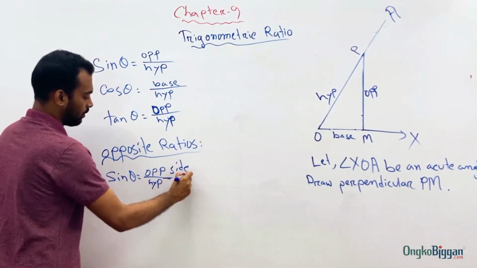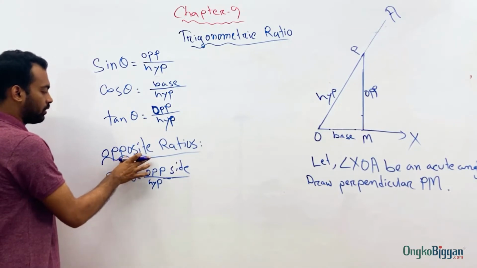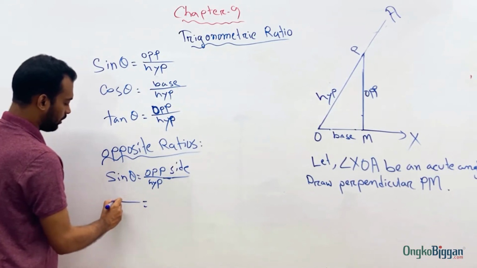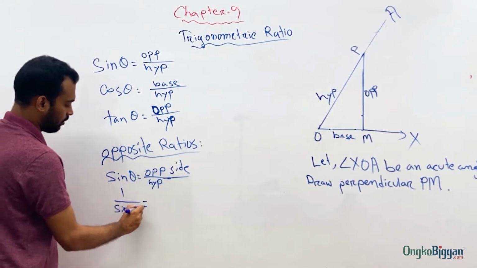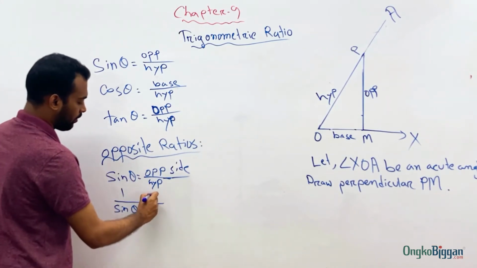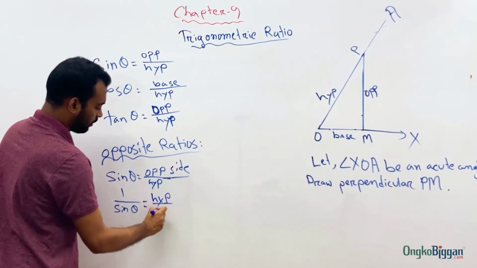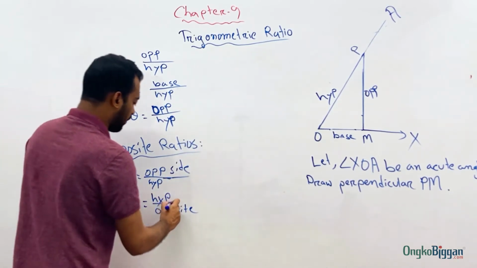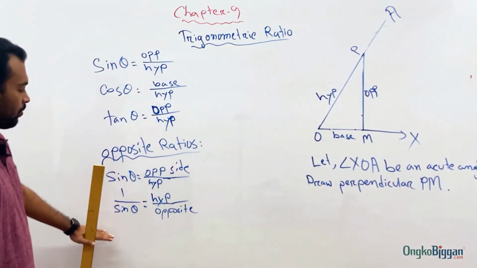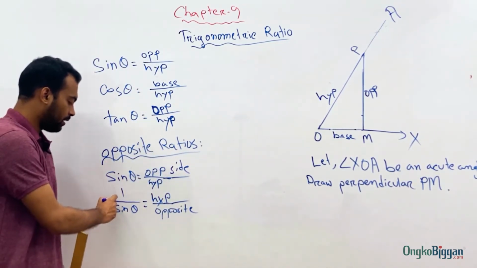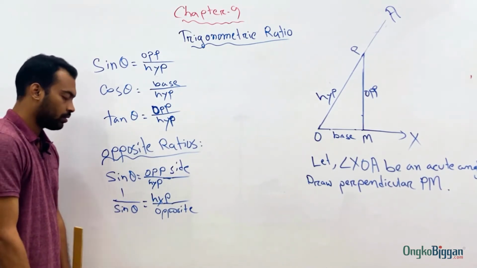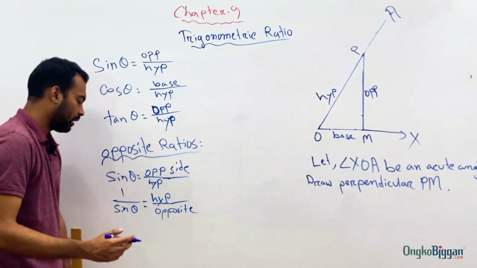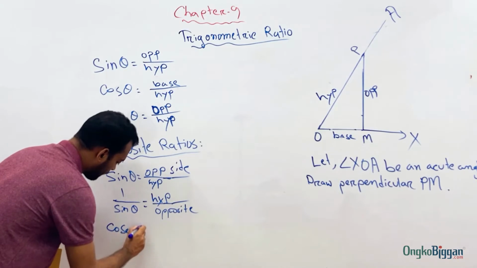Don't confuse them. Sine theta is equal to opposite side by hypotenuse, but I'm talking about the opposite ratio. If the ratio is opposite, then it will be 1 by sine theta, obviously, which is hypotenuse by opposite side. The ratio has just been inverted. Rather than calling it 1 by sine theta, we call it cosec theta.